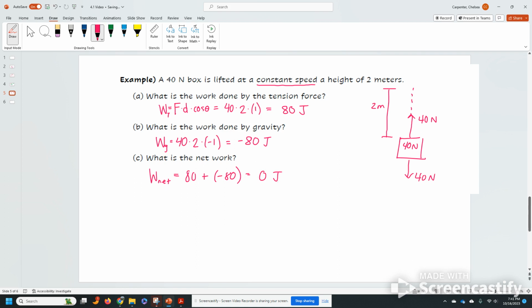We're just looking at the object, we're not including the Earth in our system. So this box, which can only have kinetic energy, did not change its speed. It did not increase its kinetic energy, so there was 0 joules of work done.